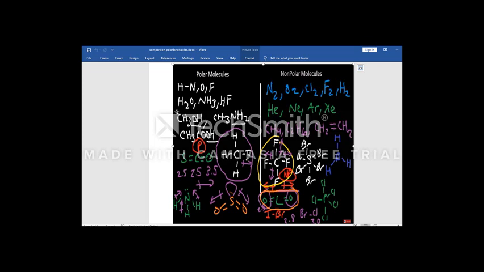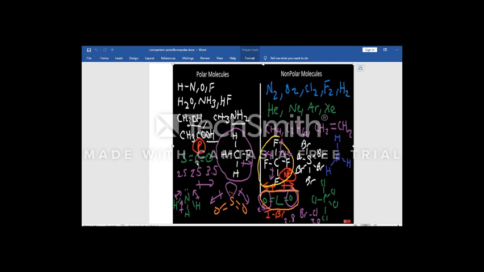Also organic compounds, like a compound containing OH, we call it alcohol, and those which contain NH2 are amino compounds, or COOH called carboxylic acid. They are all polar.